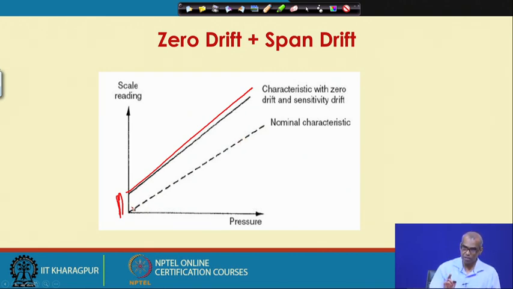If there is only span drift, then there will not be any zero error. So, the current calibration curve will start from here, but then that will not be parallel to this; it would have been something like this. A combination of these two is this. So, there is a zero error as well as this one is not parallel to this.